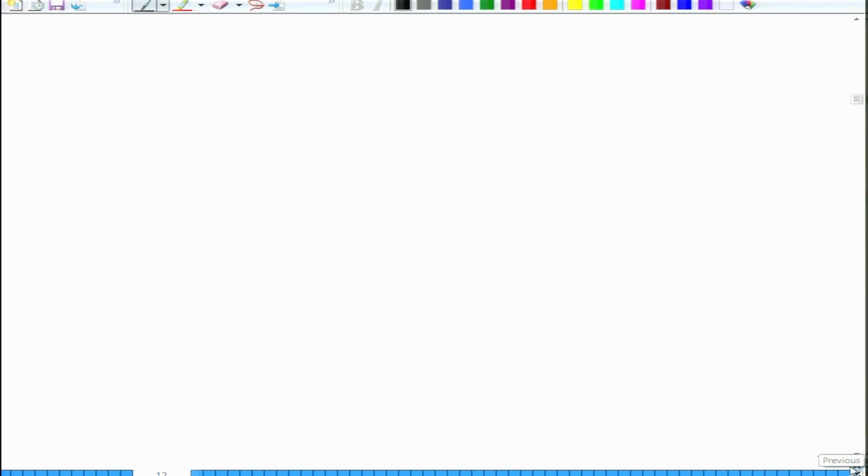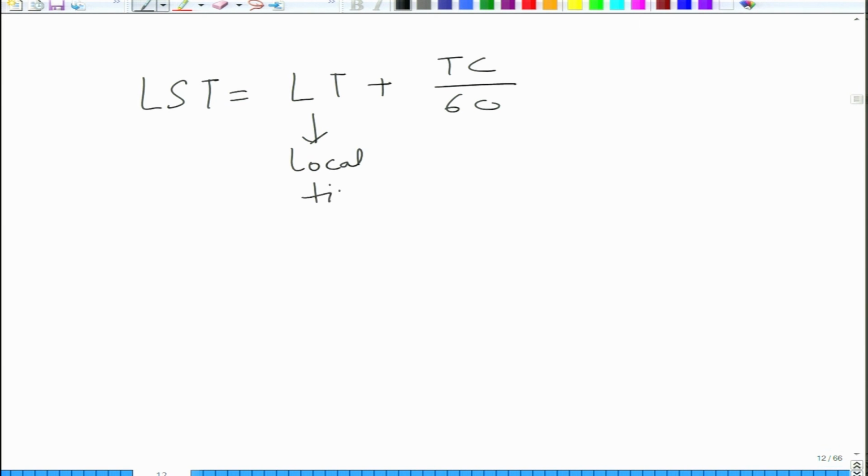Okay, so this is the time correction that you need to take into account, and so you can write that local solar time is equal to basically LT plus time correction divided by 60. So this is local time, this is time correction.